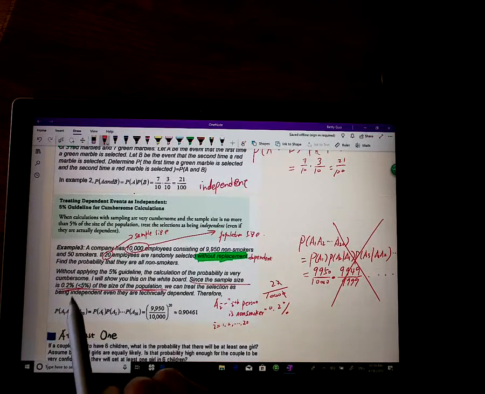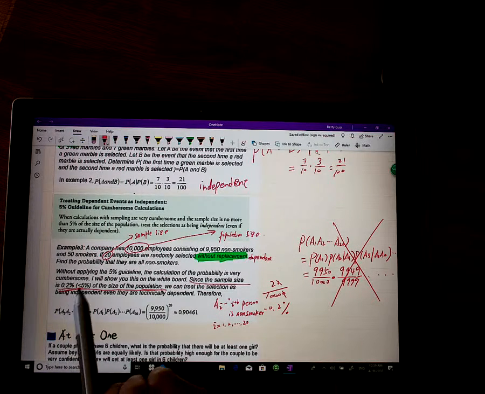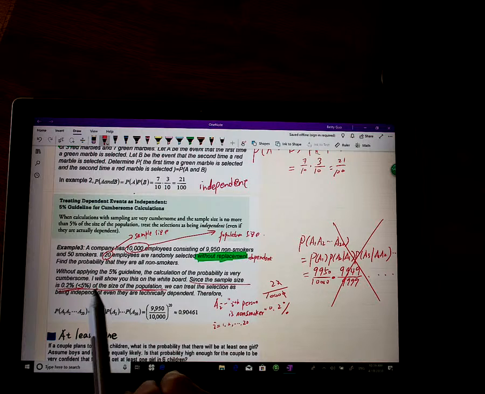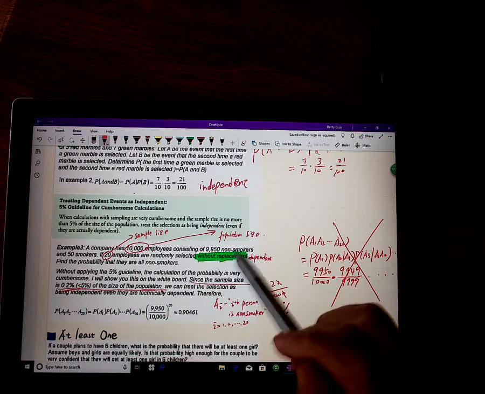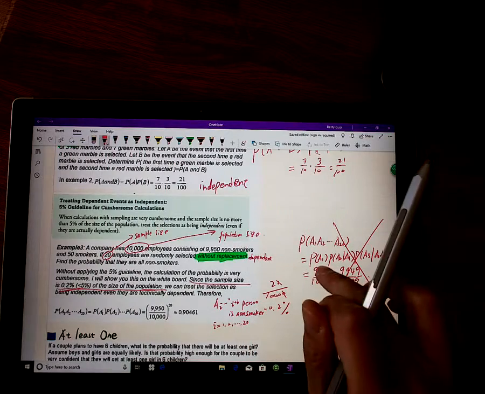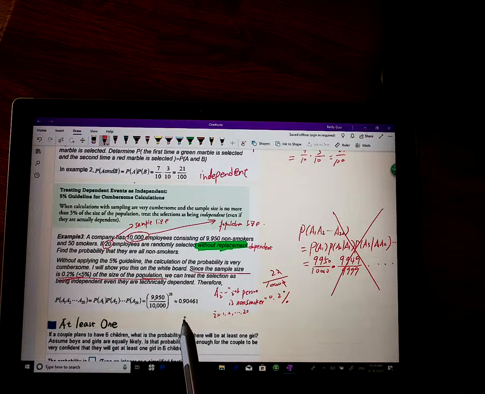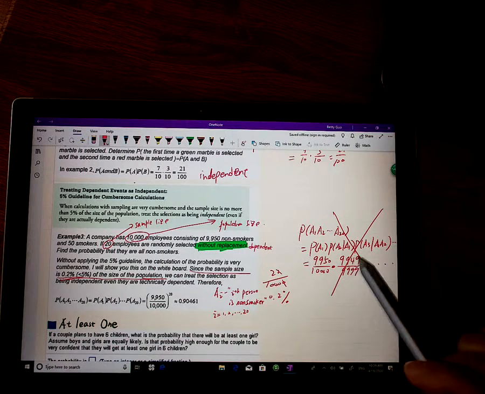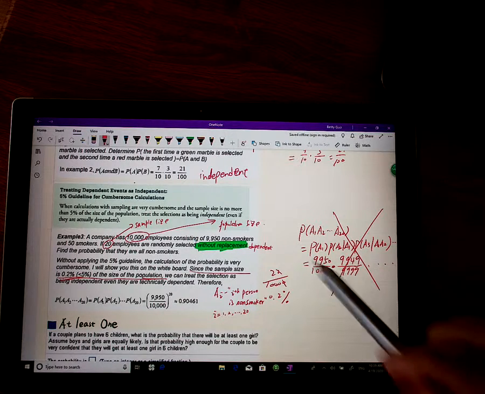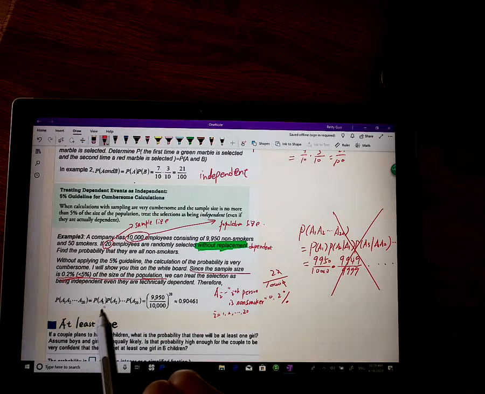So if the requirement is satisfied, that the sample size is less than 5% of the population size, then we can pretend that they are independent, okay? It turns out when we pretend that they are independent, the result is very similar to the result we get using that very complicated formula. So now we assume they are all independent.